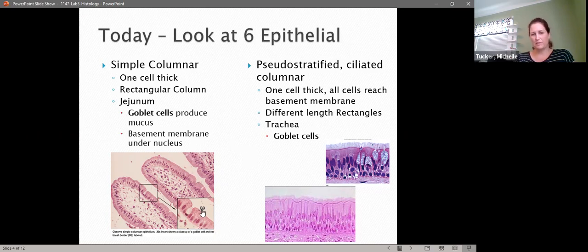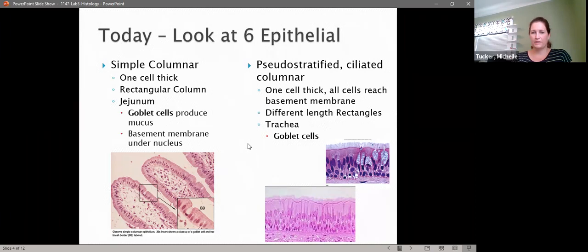The BB stands for brush border, an extension of their plasma membrane. You can determine it's simple columnar because these cells line up on a single basement membrane, and the nuclei are in a straight little row. This is simple columnar epithelium, and it's found in the jejunum.